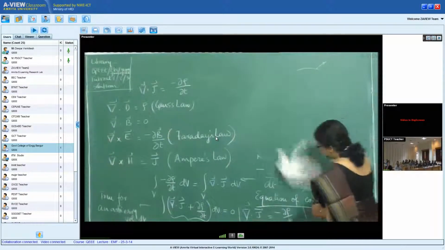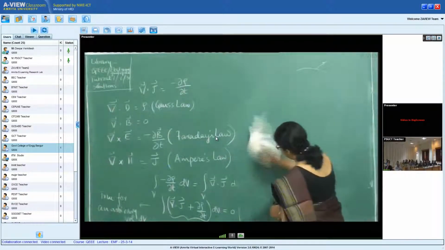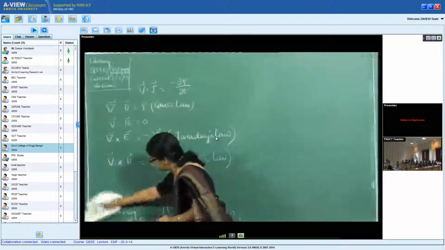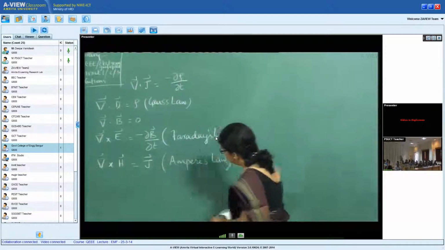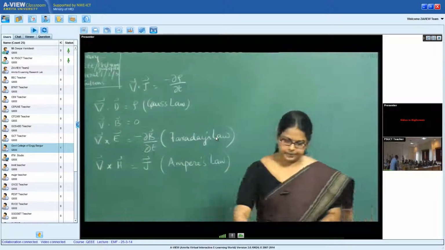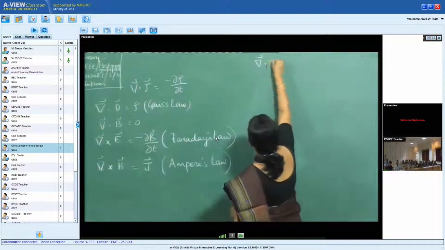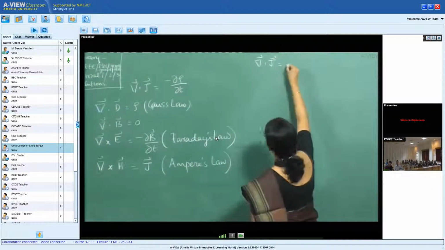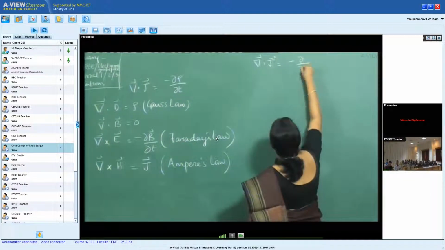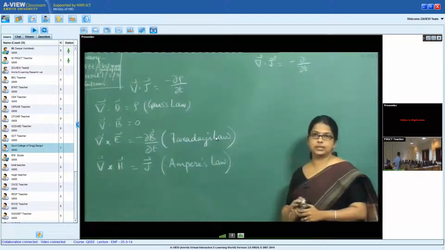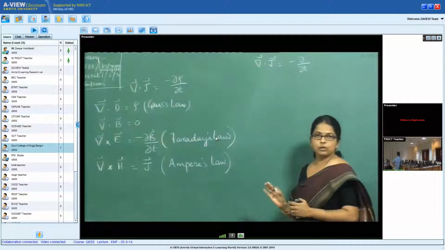So now that we have derived the equation of continuity, let us see what it means to have the equation of continuity along with Maxwell's equations. Now let us look at that. Divergence of J is minus del by del t of rho. All have to be satisfied simultaneously because all of them are universal laws.